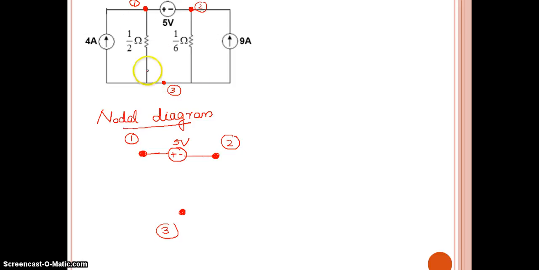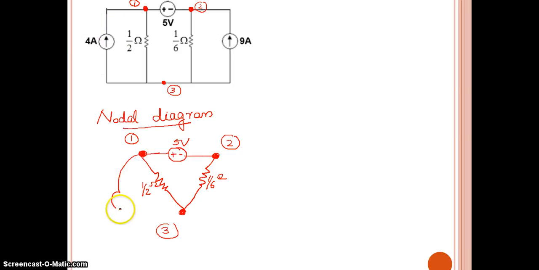Between 1 and 3 we have a 1 by 2 ohm resistor. Between 2 and 3 you have a 1 by 6 ohm resistor. Again, between 1 and 3 you have a 4 ampere current source.